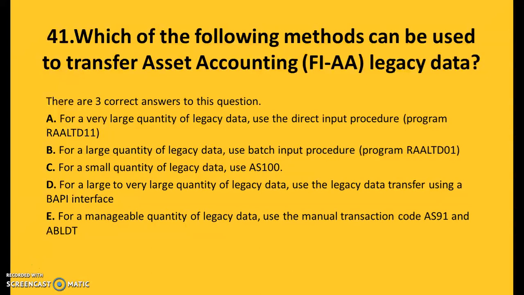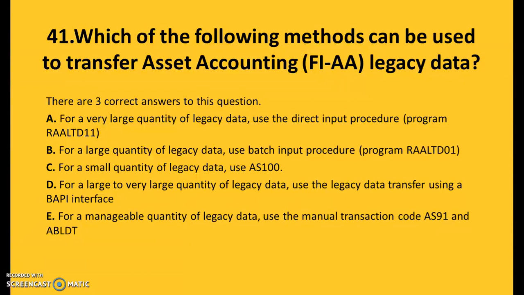For a small quantity of legacy data, use AS100, or for a large to very large quantity of legacy data, use the legacy data transfer using a BAPI interface, or for a manageable quantity of legacy data, use the manual transaction code AS91 and ABLDT.